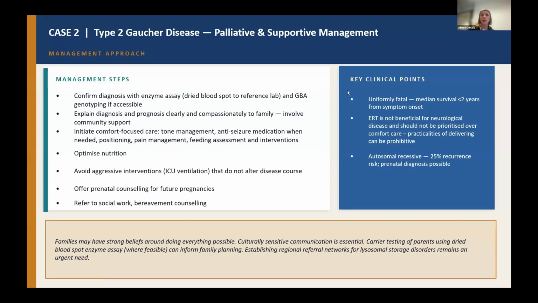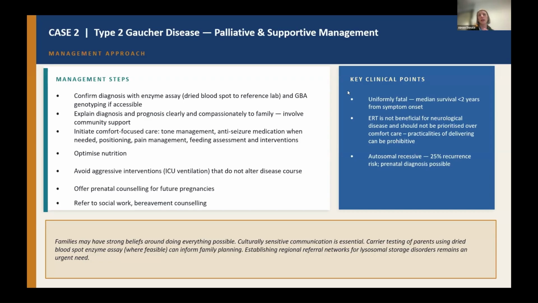This has to be done compassionately. We have to engage as much support for this family as we possibly can, and then focus on comfort. That involves tone management, anti-seizure medications when you need them, positioning, pain management, assessing feeding, and providing interventions to support feeding, because nobody likes to not feed a child.